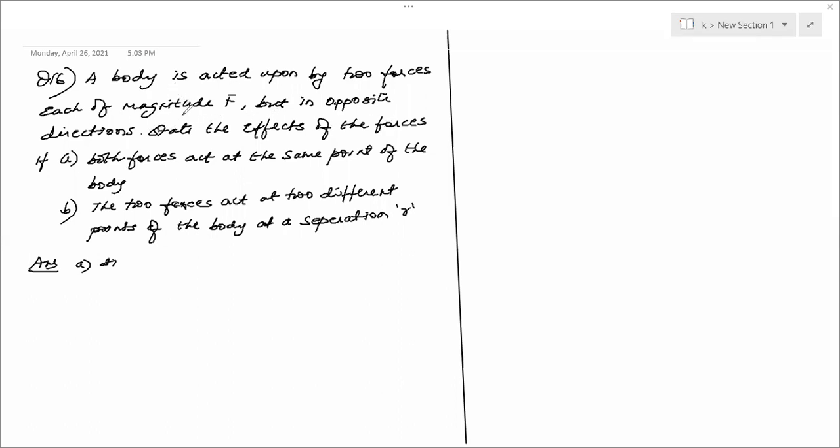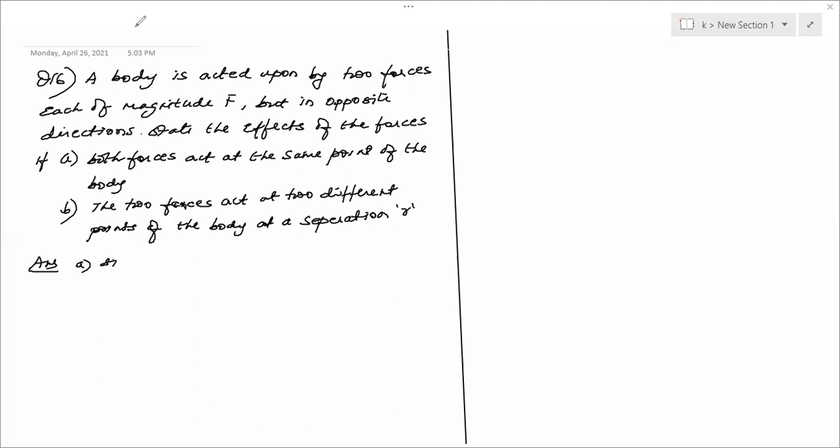What effect will these two forces bring? If both forces act at the same point on the body, but in opposite directions, from opposite sides, both the forces will cancel each other.